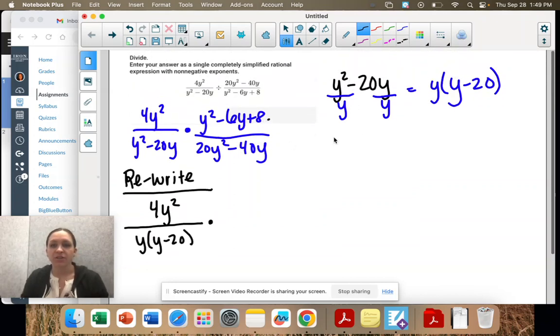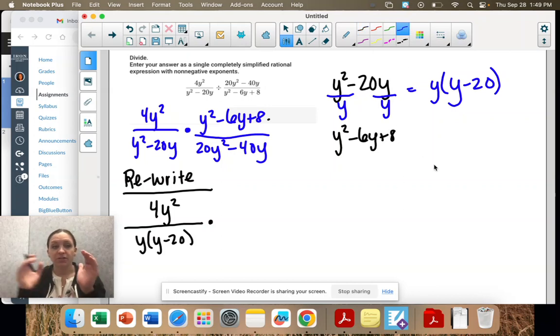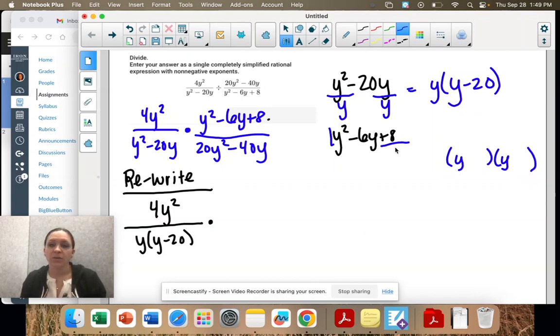Okay, now we're going to factor this one. Y squared minus 6y plus 8. This one has three terms, which means it's going to have our two factors. It's going to have the y plus or minus something, y plus or minus something. So to find those roots, since that's a 1, we look at factors of 8. 1 times 8, 2 times 4.